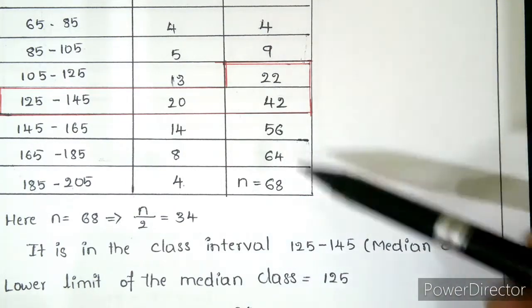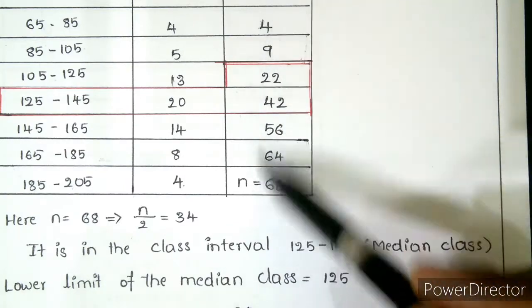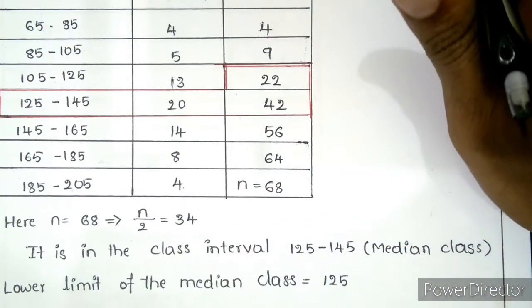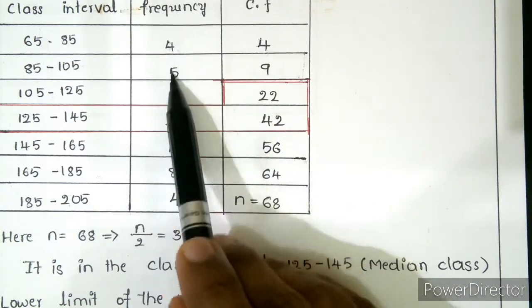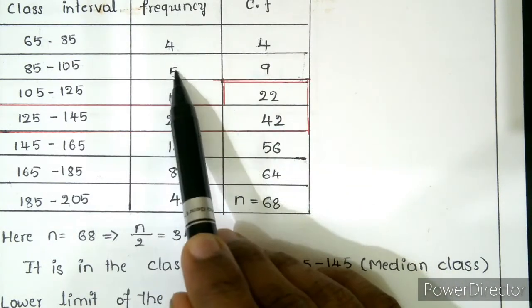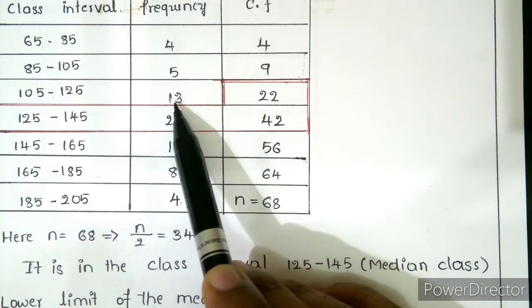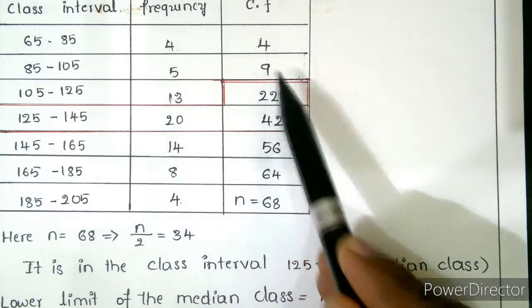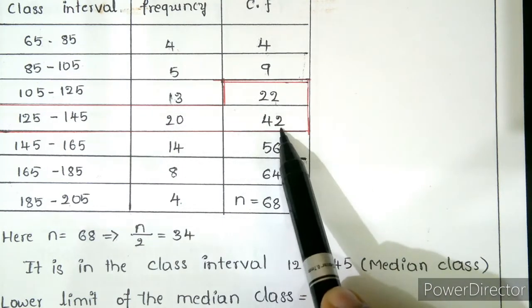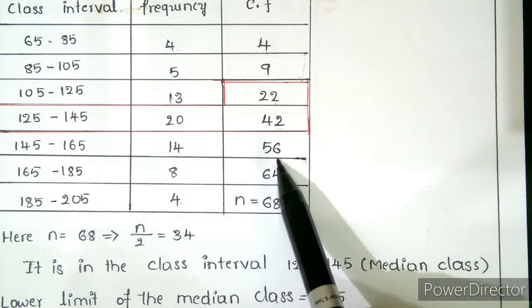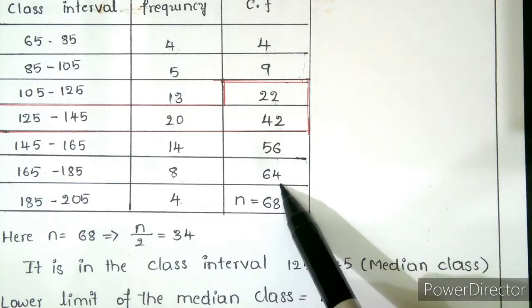First, how to find the cumulative frequency: write 4 here, then 4 plus 5 is 9, 9 plus 13 is 22, 20 plus 22 is 42, 14 plus 42 is 56, 8 plus 56 is 64.